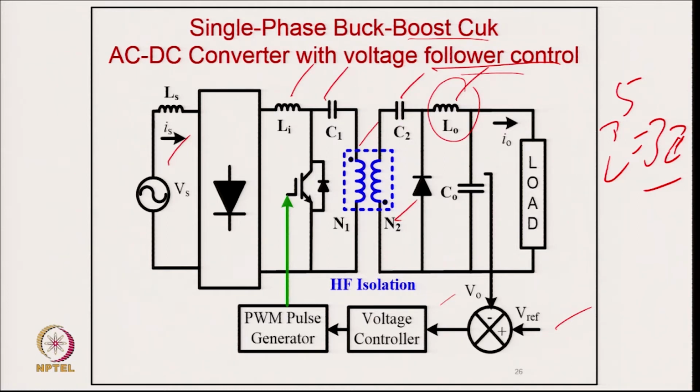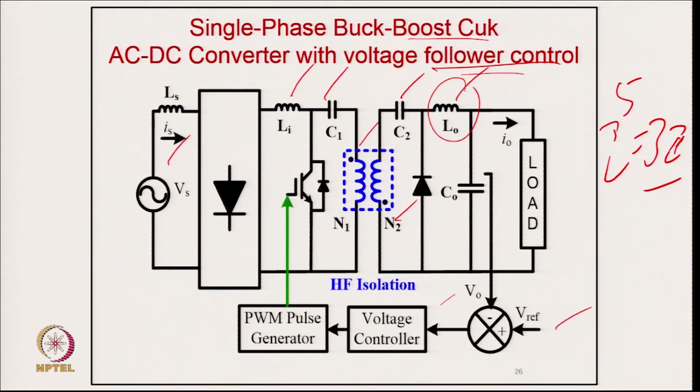So, the transformer is providing isolation, and another major benefit is multiple outputs. We are going to high frequency to reduce the size of the transformer, so efficiency is enhanced, cost is reduced, size is reduced, and losses are also reduced in this converter. So, this is considered one of the very good converters, with inherent power factor correction also.